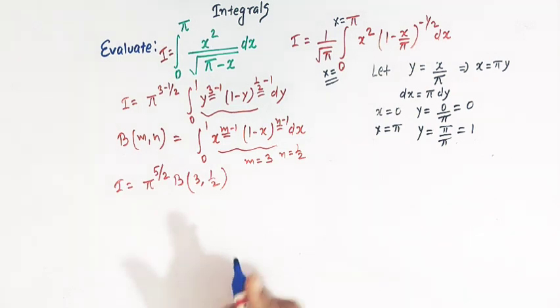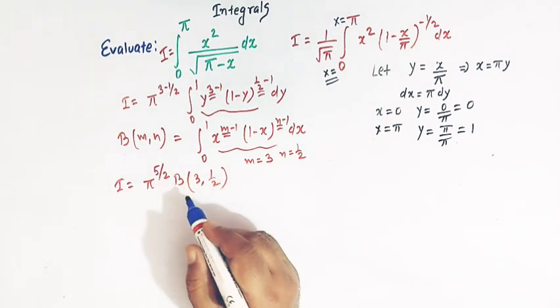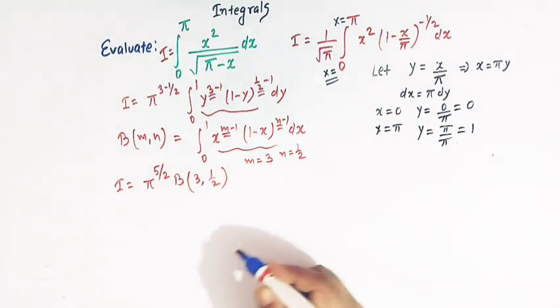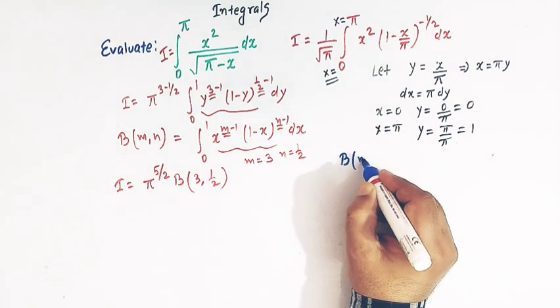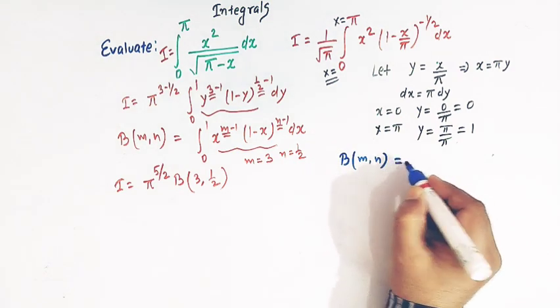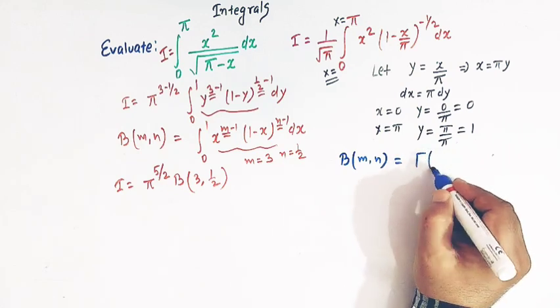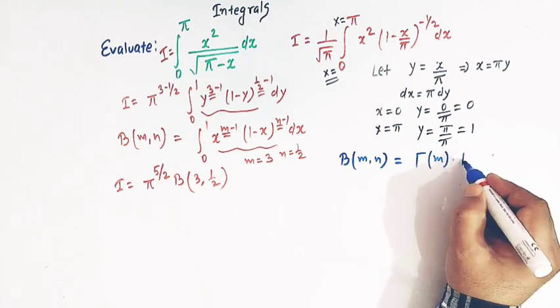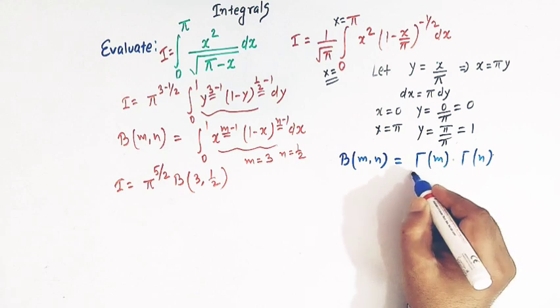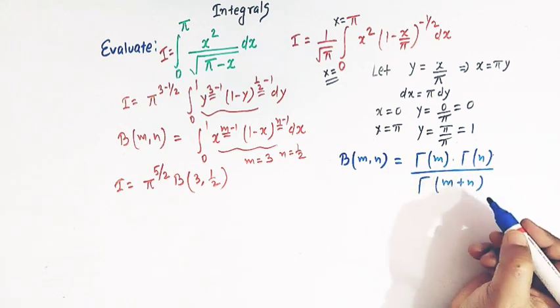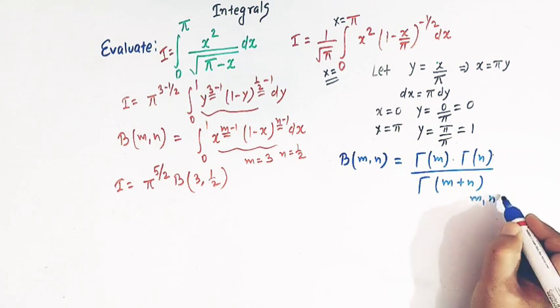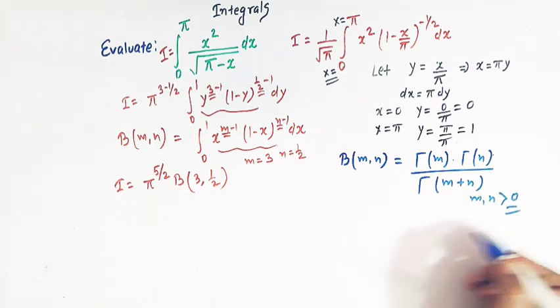Now let us make use of one important relation between the beta function and the gamma function, right? Beta of m, n is defined as gamma of m multiplied by gamma of n divided by gamma of m plus n, right? Where m and n are both greater than 0.